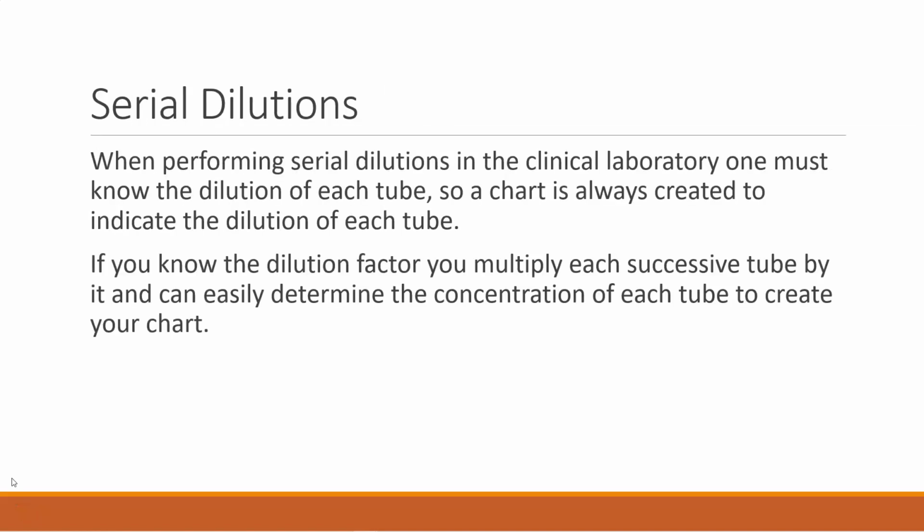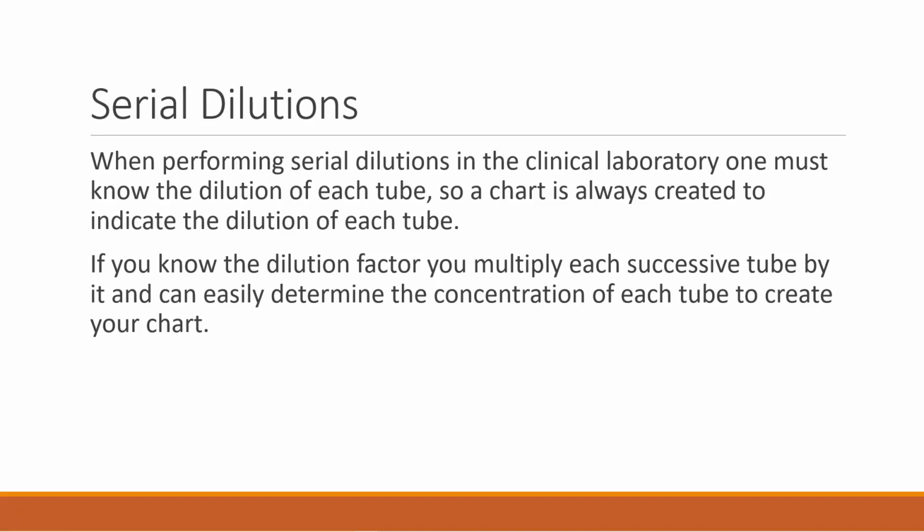When we're performing serial dilutions in the clinical laboratory, you must know the dilution of each tube. So what we do is, based on the standard operating procedure manual, we create a procedure, and in that procedure we have a chart. The chart indicates what volume of the diluted substance will go into each tube, along with what volume of diluent is in each tube, and then we calculate the dilution factor and fill in the chart on the bottom.